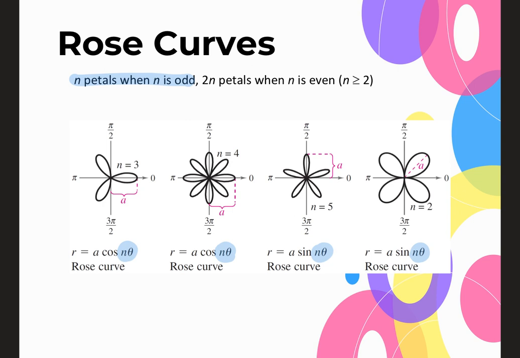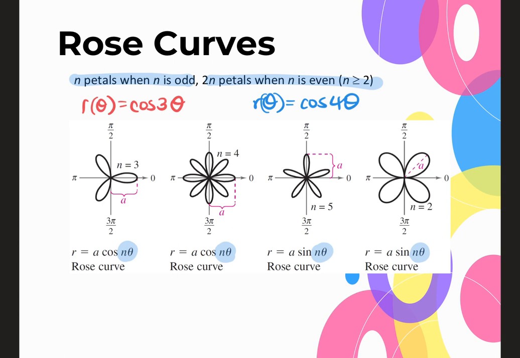So if you saw r of theta equals cosine 3 theta, then there are 3 petals. If that number is an even number, then we double it to get the number of petals. So r of theta equals cosine 4 theta means there are 8 petals.